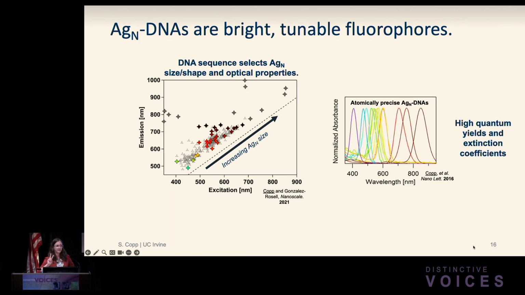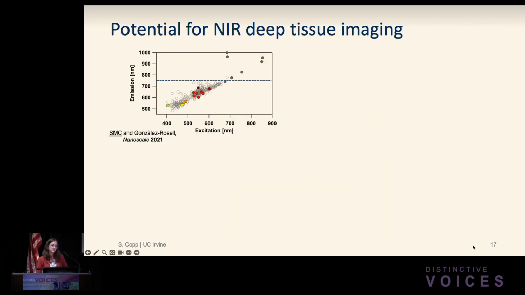Now, two exciting things happened around the time that I started my faculty position here at UC Irvine. And one is related to the discovery of an entirely new set of these AgDNAs in the near-infrared window. So prior to a few years ago, there were very few of these AgDNAs reported with near-infrared wavelength emission. That's above that dashed line here.